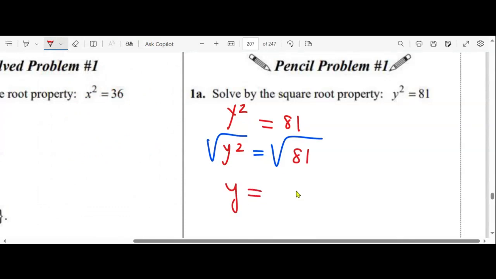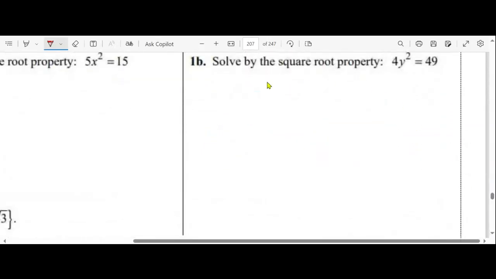You get y, but the answer here is going to be plus or minus 9. Why? Because 9 times 9 gives you 81, and negative 9 times negative 9 is also 81. So that's why we include both of them. Is this clear? Yeah.